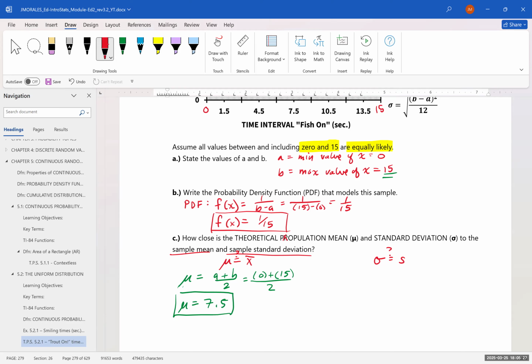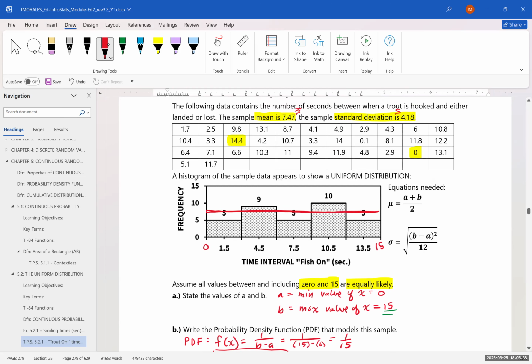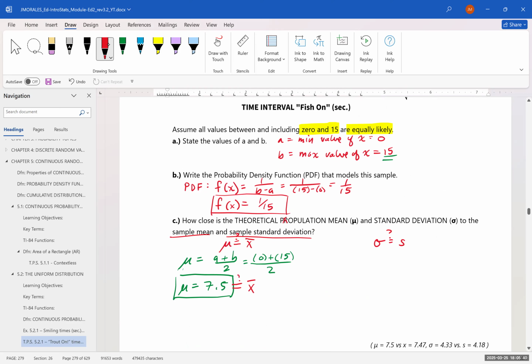And how does 7.5 compare to our sample mean, which was 7.47? So those two are pretty close. So that's good.